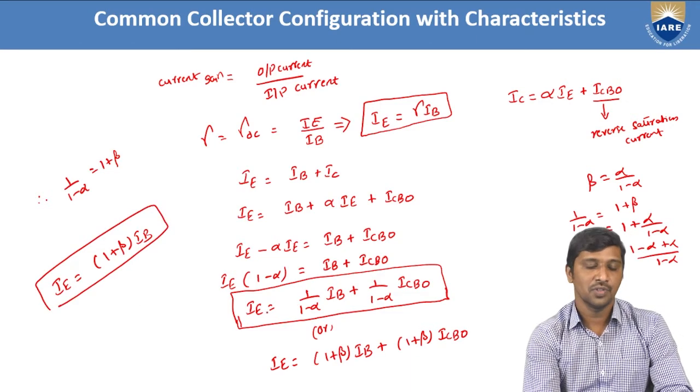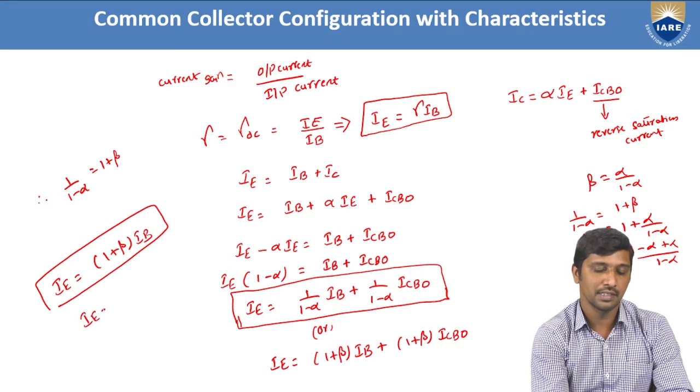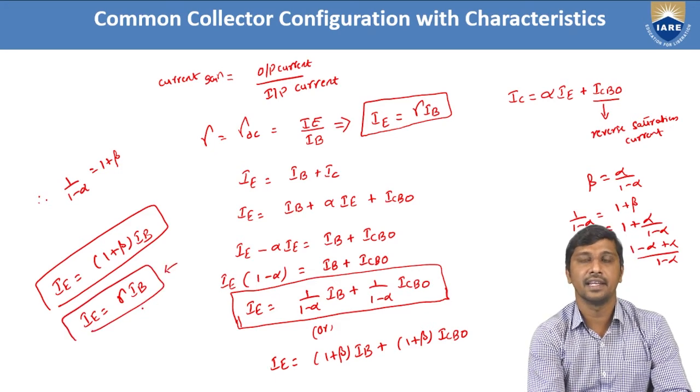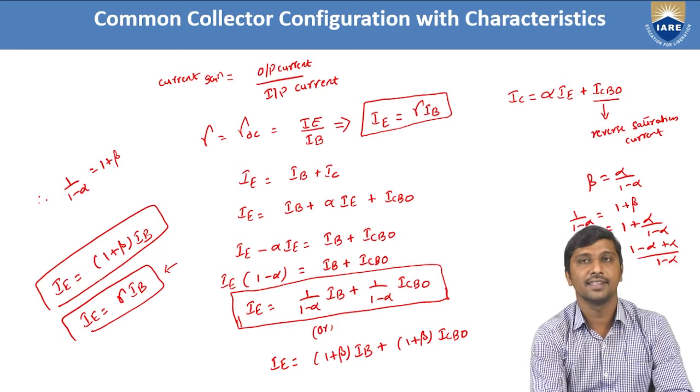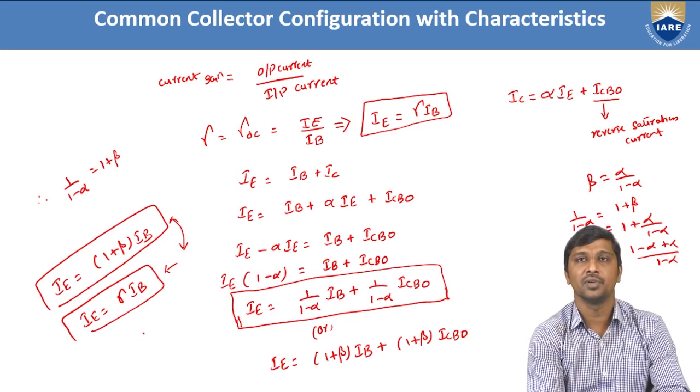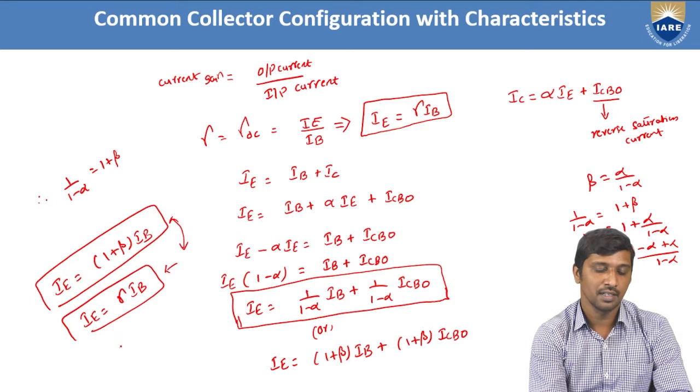And again, from the DC current gain definition, we observe that IE is equal to gamma times IB. So this is derived from the DC current gain definition here, and this is derived from the configuration: IE is represented as 1 plus beta times IB. If you compare these two terms, this 1 plus beta is represented as your gamma.